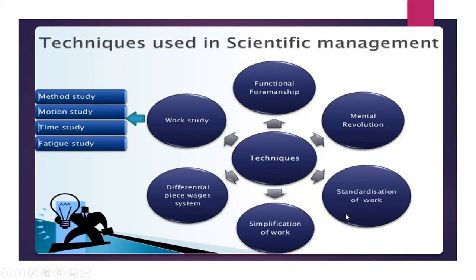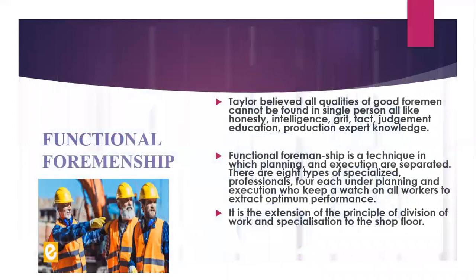Then standardization and simplification of work we will talk about, and we'll also talk about work study. Under work study we have 4 types of study that we will discuss, and also differential piece wages system. Let us start with functional foremanship.